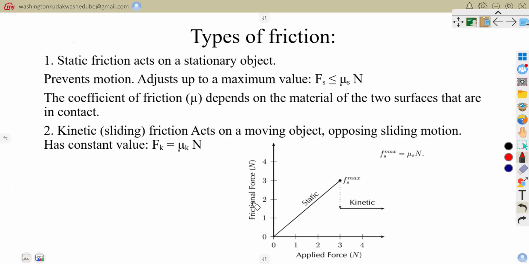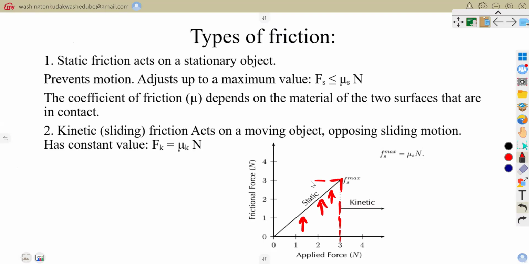This diagram depicts our frictional force on the y-axis and our applied force on the x-axis. What it is showing us is that as your applied force is increasing, as you go to the more positive x-axis, the magnitude of the static frictional force is increasing to a certain maximum value that corresponds to an applied force of 3 Newton.